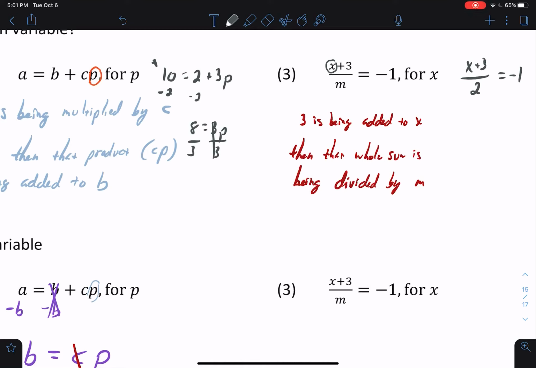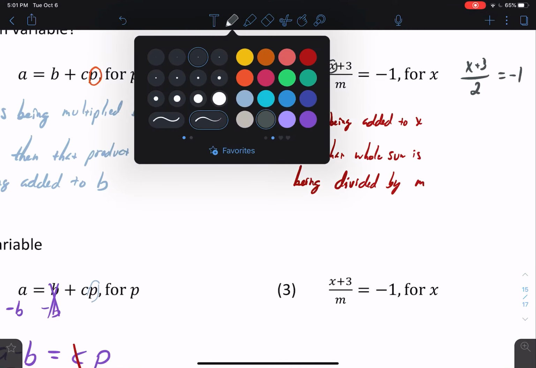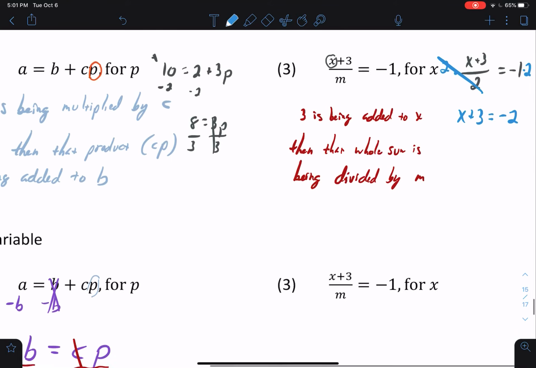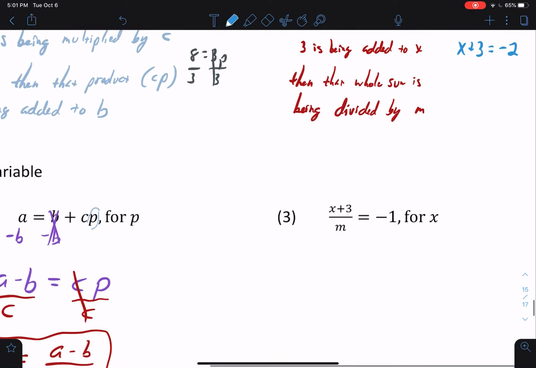How would we solve this problem in the gray? Well, the first step we would do is multiply both sides by 2, because that would cancel out the 2 on the bottom, leaving me just with x plus 3. So apply that same step down here. What do we have to get rid of first? We have to get rid of the m. What is the m doing to my numerator, x plus 3?